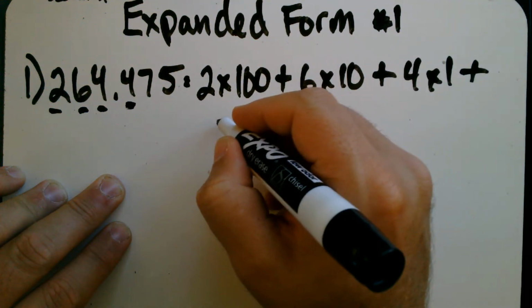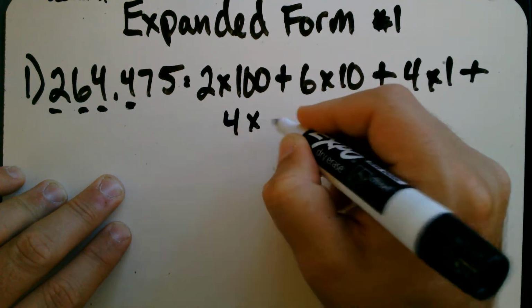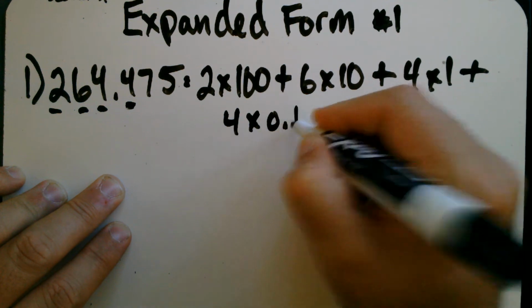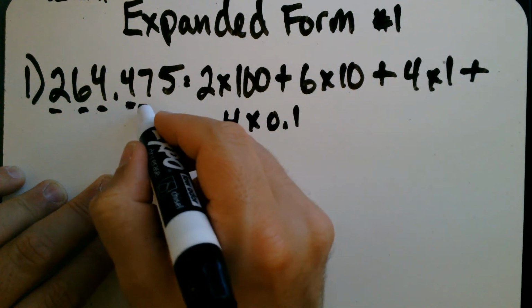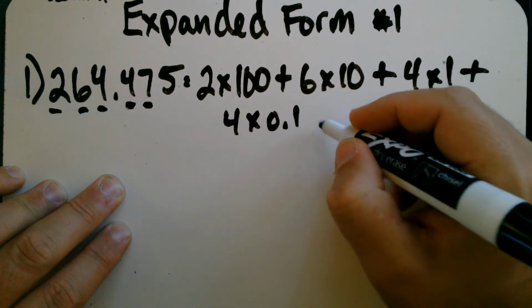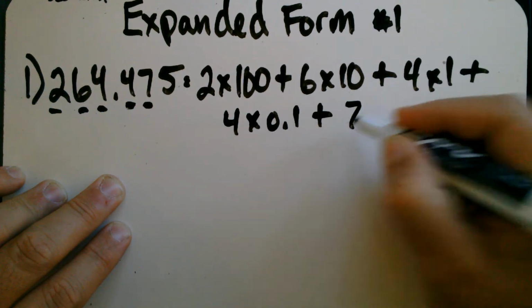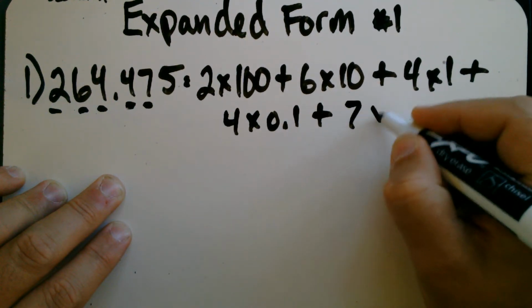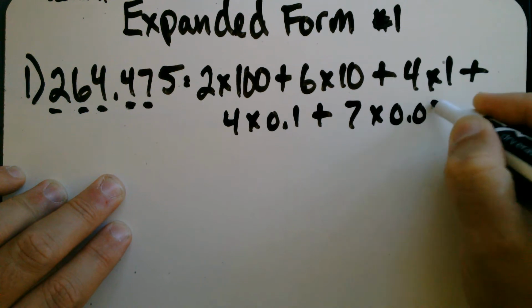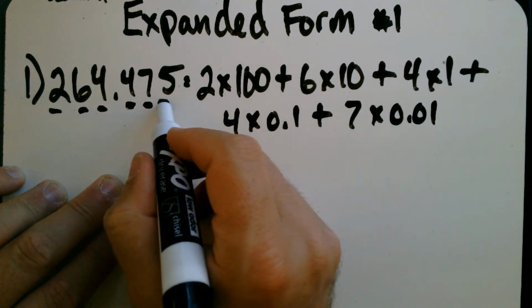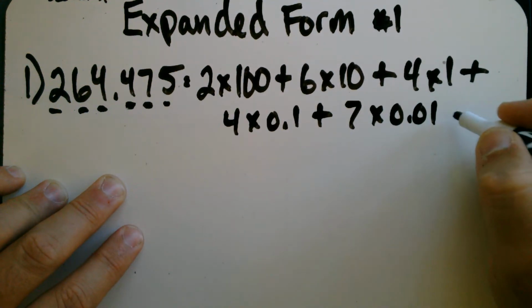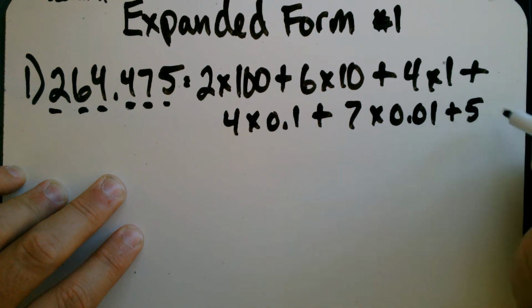So plus 4 times 1/10. All right, now to our hundredths place. So plus 7 times 1/100th.